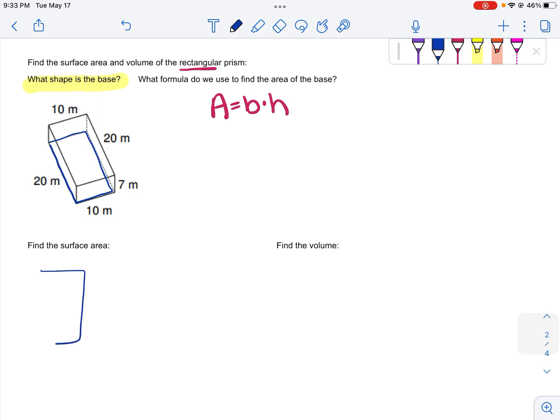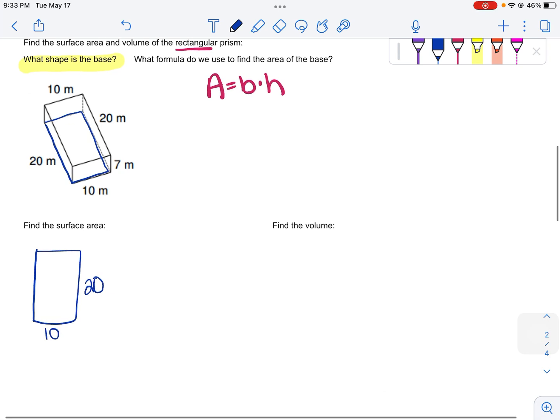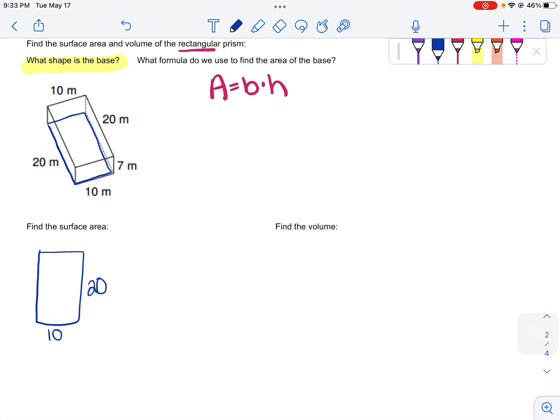Now that rectangle has dimensions of 10 by 20. And if that has dimensions of 10 by 20, the area for the rectangle is base times height. So that one would have an area, 10 times 20, of 200 square meters.